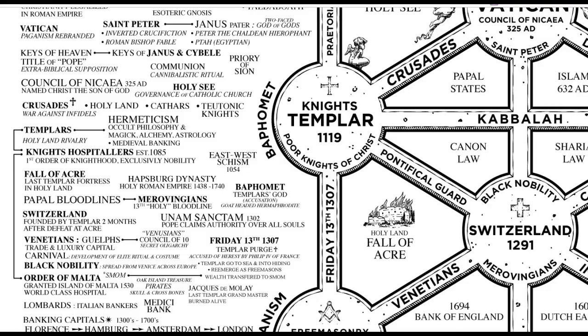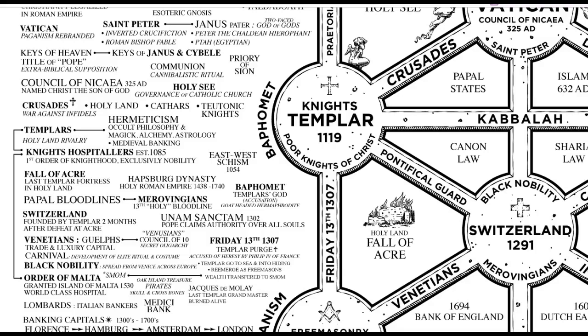And he started burning them on stakes, and basically the Templars were outlawed at that point. So the Templars had their day between 1119 and 1307, and then they were publicly wiped off the face of the earth.